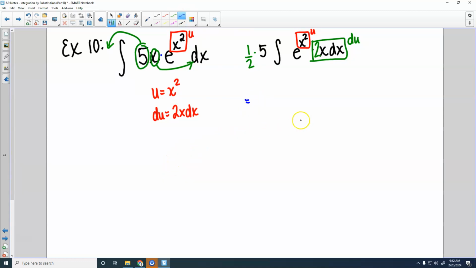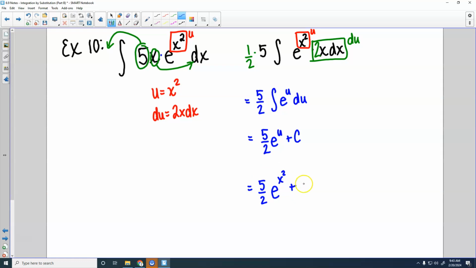All right, we'll have 5/2 integral e to the u du. What do we get when we integrate e to the u? E to the u. So we'll have 5/2 e to the u plus c, and that will be 5/2 e to the x squared plus c.